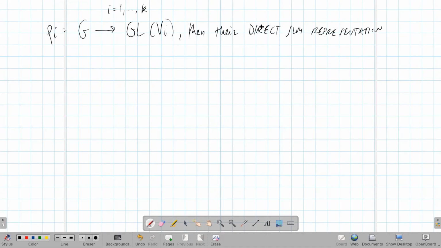Well, we may want to call it something like this, but this is just a symbol, and I'll tell you what this symbol means. So it's a representation of G, so it's a map from G into a GL of something.